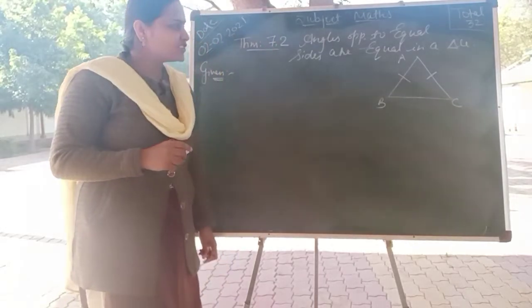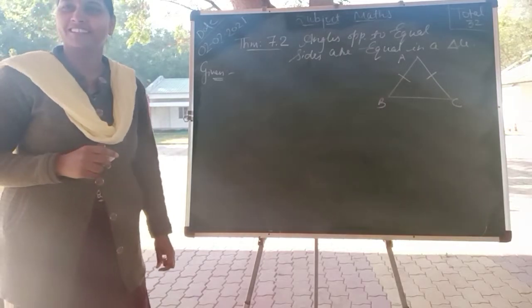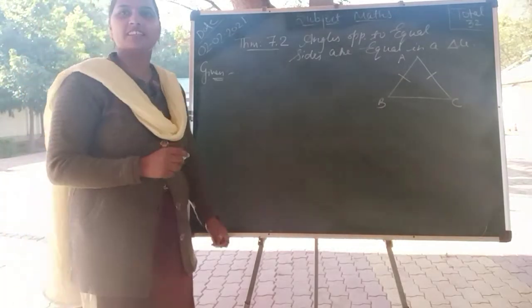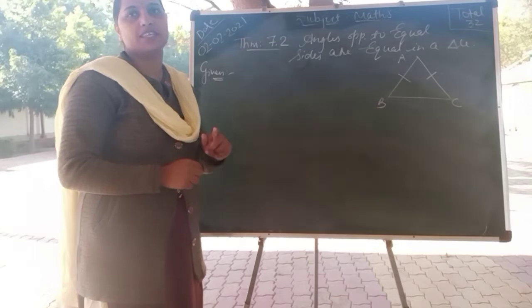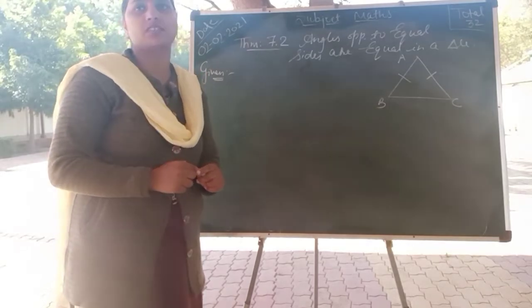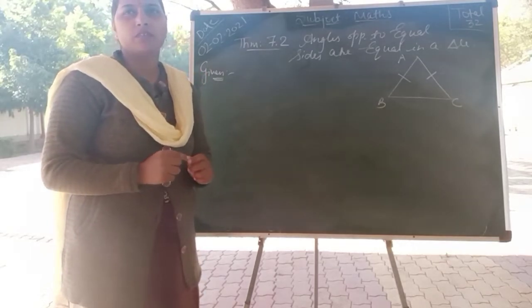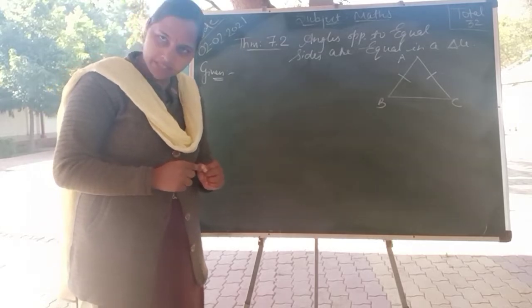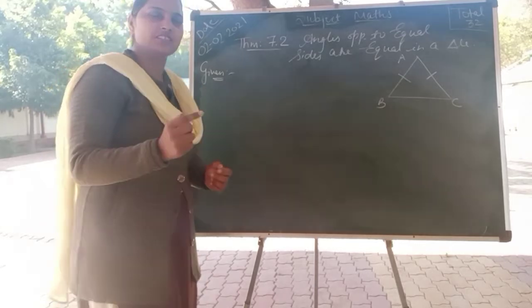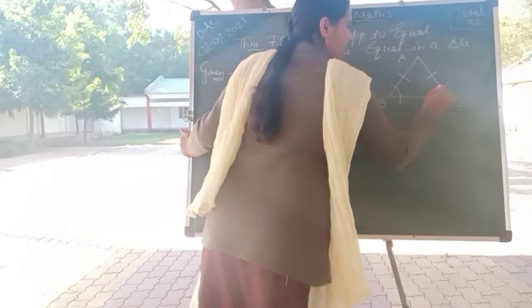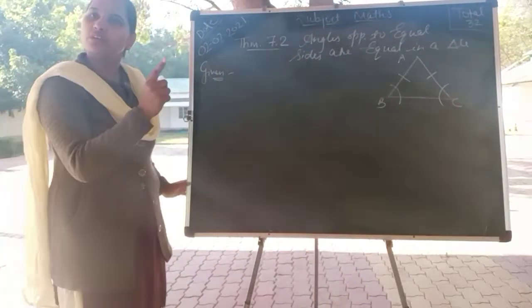In triangle ABC, AB is equal to AC, so the angles opposite to equal sides, angle B and angle C, are equal.